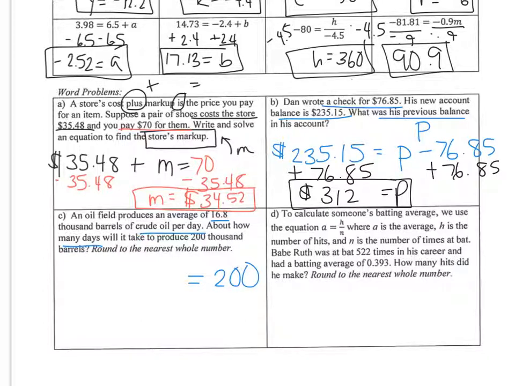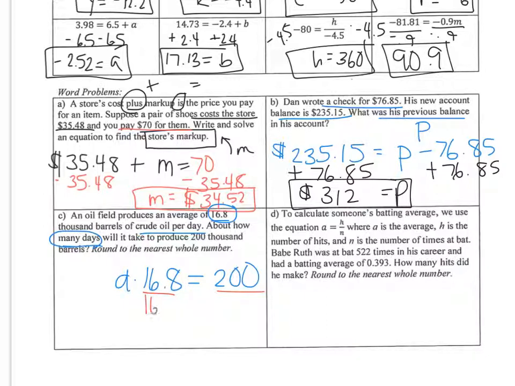And it says how many days, so that's going to be our variable. So the number of days times 16.8 thousand barrels a day equals 200,000. Since we're talking about all in thousands, I don't need to write these in thousands. I can just keep it as 16.8. If one was in thousands and the other one wasn't, then I'd have to write it out.